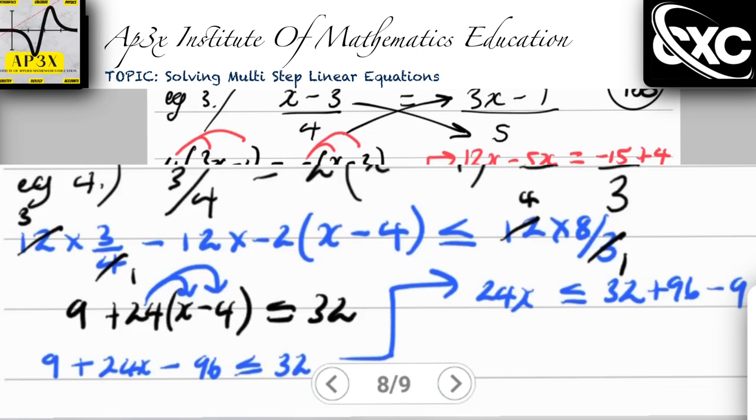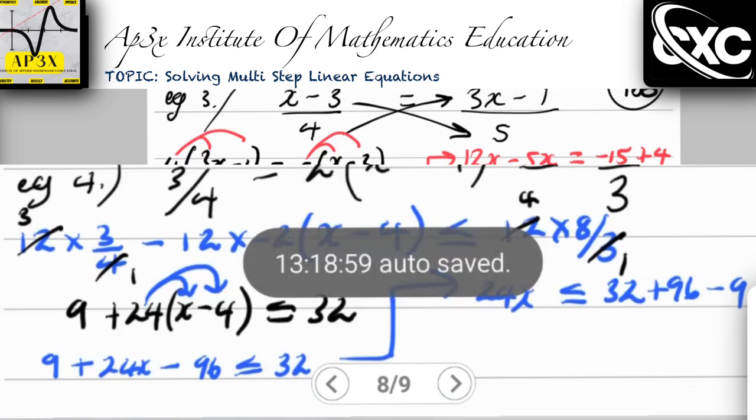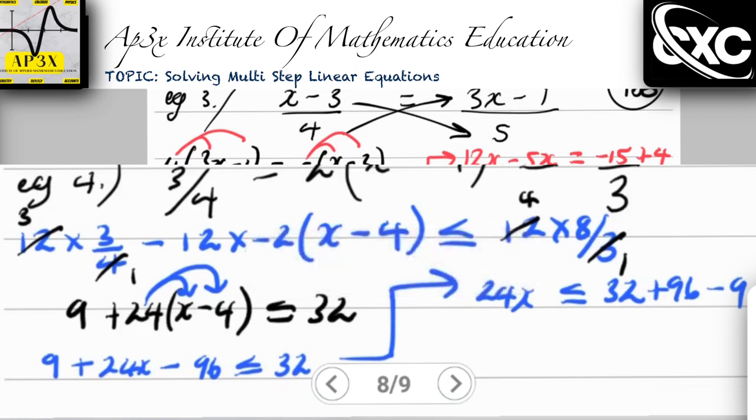So if we hop onto our calculator here and we type in 32 plus 96 minus 9, we end up with 119.